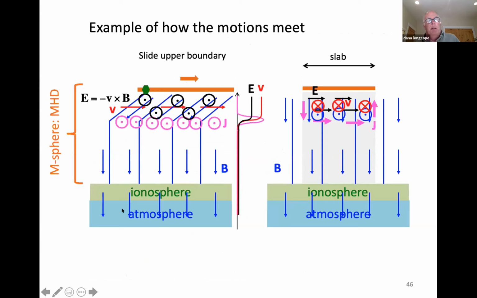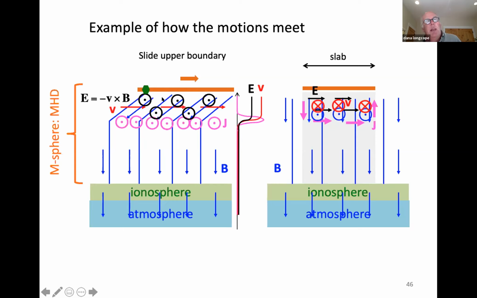You have the atmosphere, and the magnetic field is, let's just say, stationary. 10 to the minus 4 meters per second is essentially standing still. So the magnetic field lines in the atmosphere are just going to be straight down, and they're not going to be moving at all. And then you have the solar wind, which is moving the magnetic field at some speed, in the polar regions, shall we say.